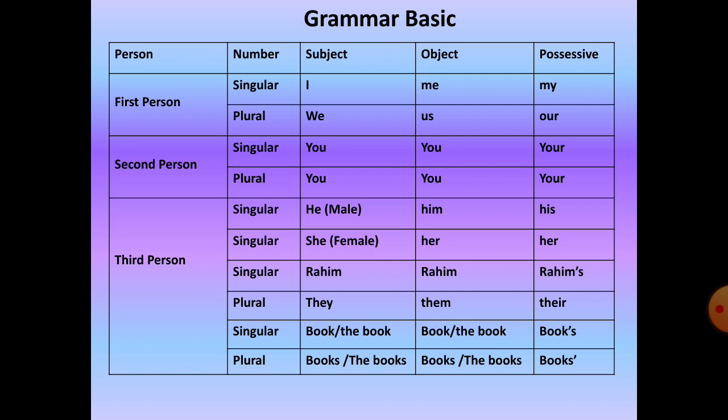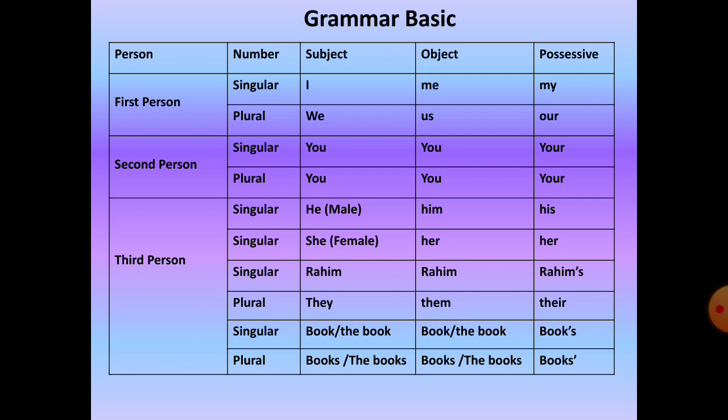Now the object is the opposite of the subject. I becomes me, we becomes us, you becomes you. That does not change the form, but the meaning changes according to the sentence and context. He becomes him in the object form, she becomes her. Rohim also does not change any form.